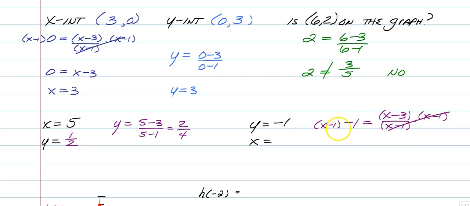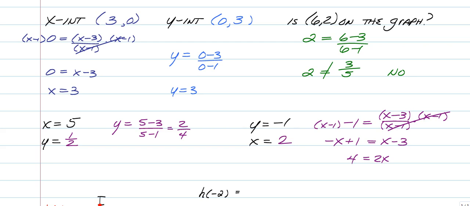Distribute negative 1 to both of those. That gives you negative x plus 1 is equal to x minus 3. And of course, we're just going to solve this algebraically, and we get 4 is equal to 2x after we move over our 3 and our negative x, giving us x is equal to 2. Okay, that's what you should have got for that example.